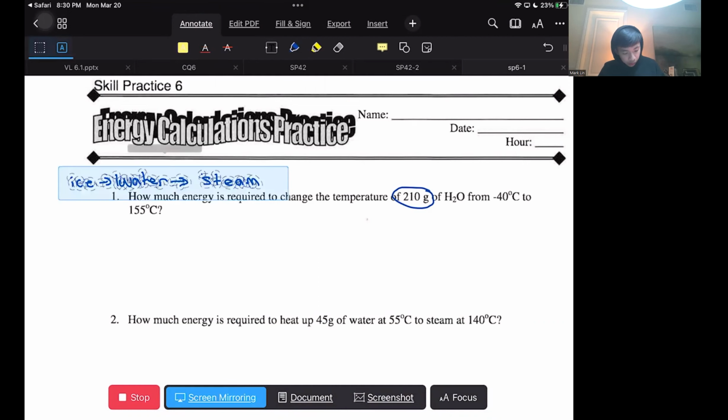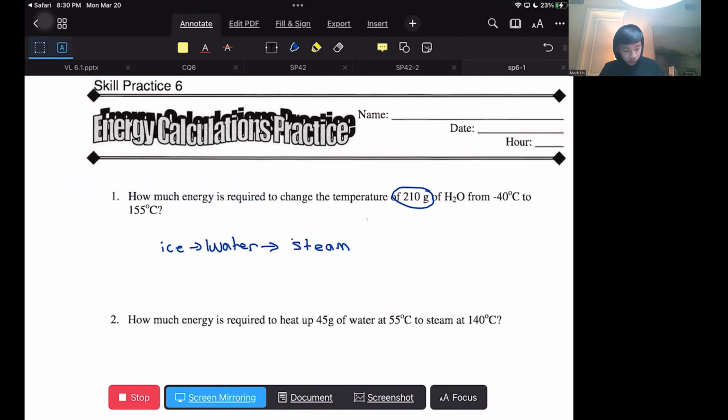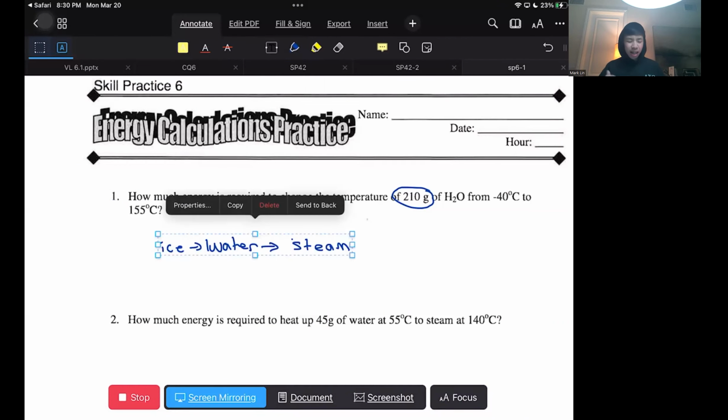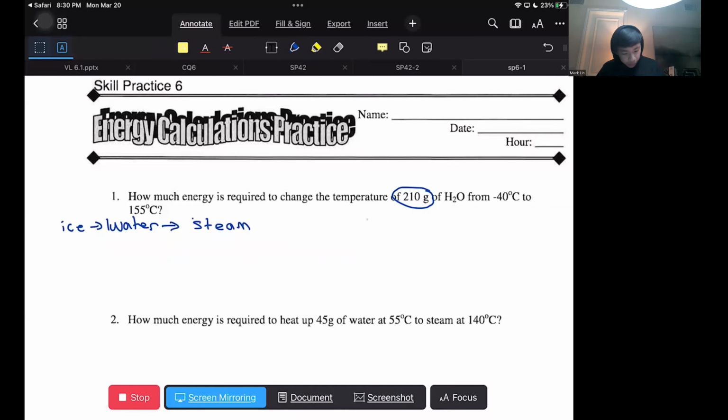Let us list out the steps. We are at -40, a solid.